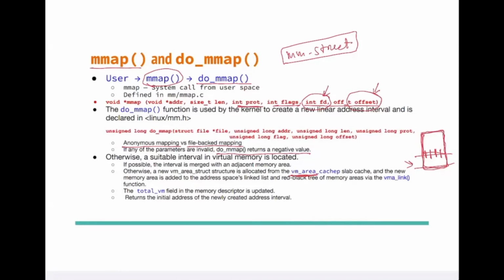It adds this address to the red black tree and the linked list also. And it will update the total VM, because we have this field in the structure. Now that we have allocated a new memory area, the count of the total underscore VM field will increase and it will be updated.